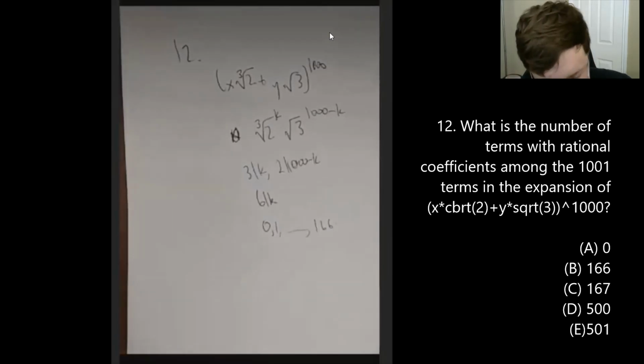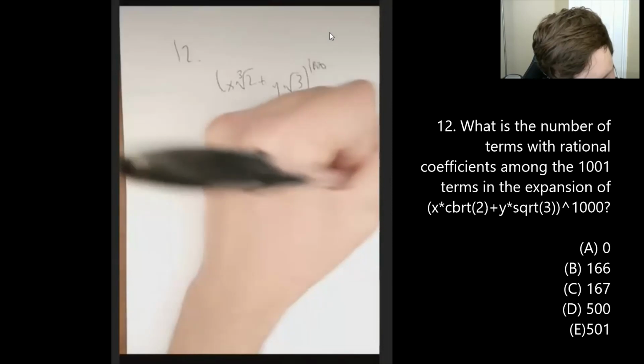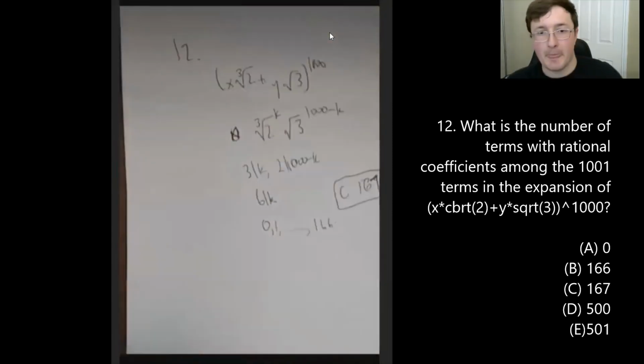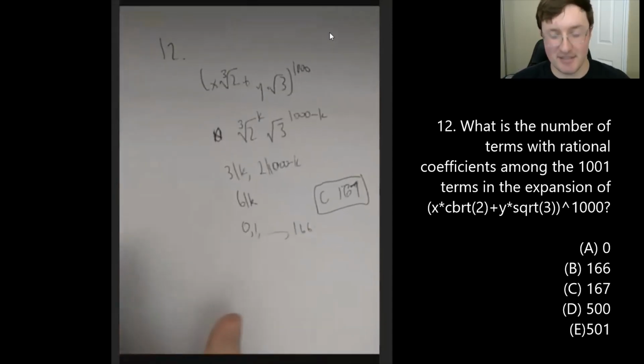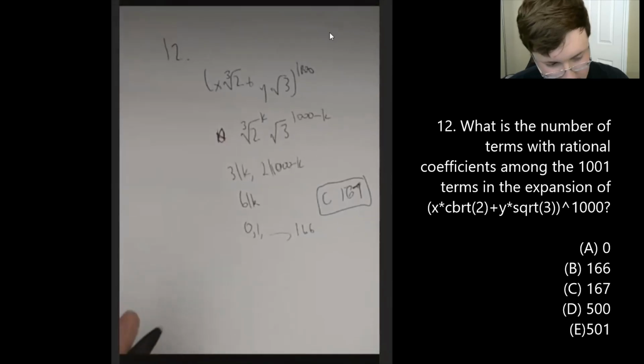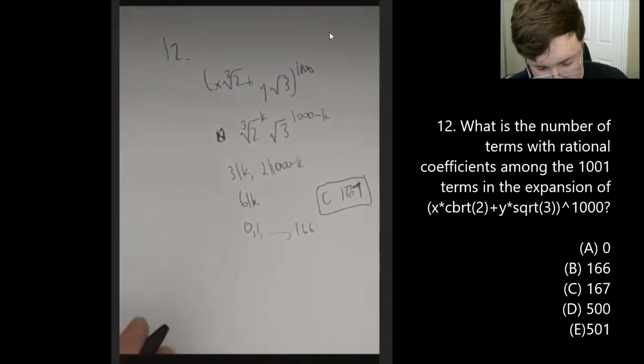So that should be 167. Oops, 167. Okay, that was not much number theory at all. 6, yeah, 3 divides k, and 2 divides k as well.